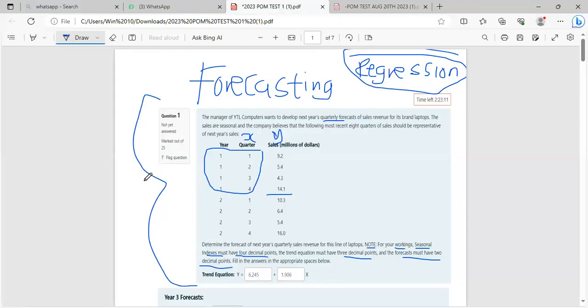So we are getting down to the value there. And then our beta, so we have the equation for the regression.